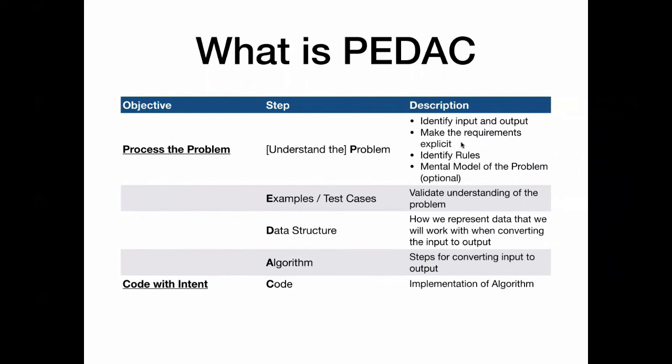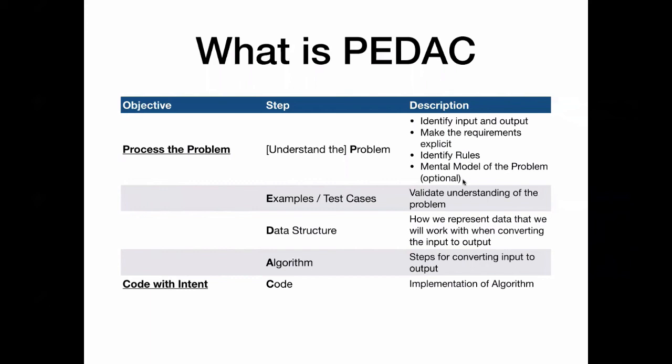So I'll talk more about what we mean by implicit and explicit later on. But the idea here is that the requirements have to be clear so that it's actionable. Or I mean, it's something that we can convert to an instruction for a computer. And then, of course, rules are there because we want to make sure that we're working within the constraints of the given problem. For instance, only use odd numbers in your coding example, those sorts of stuff.